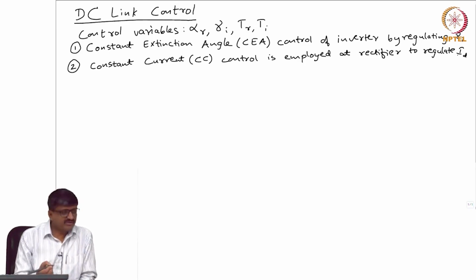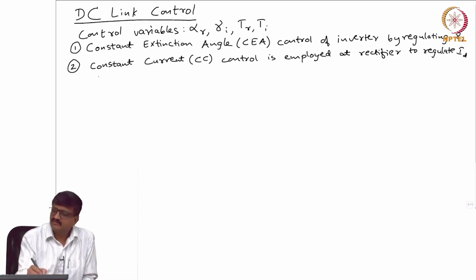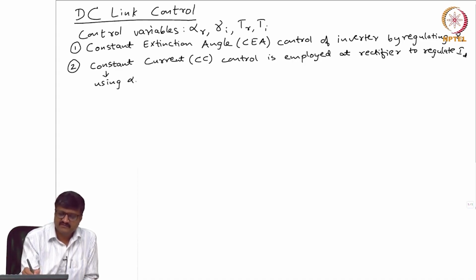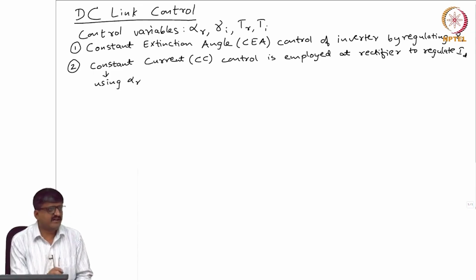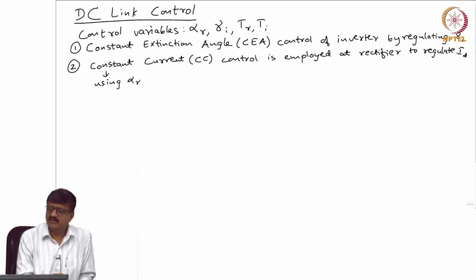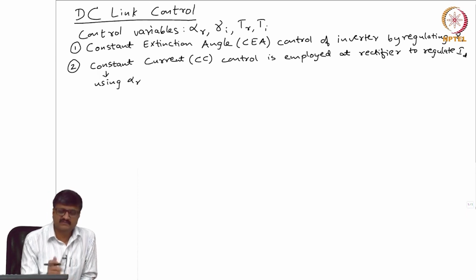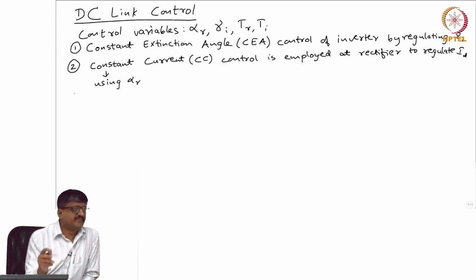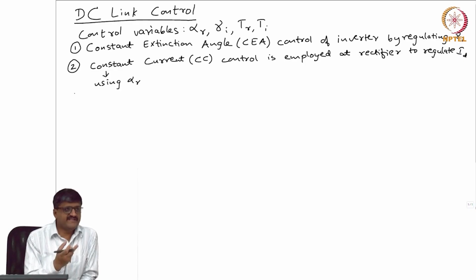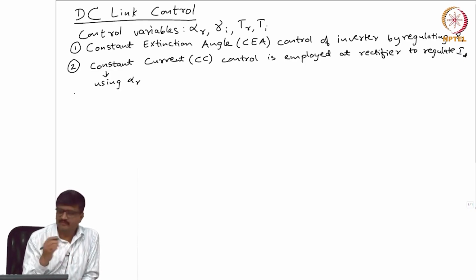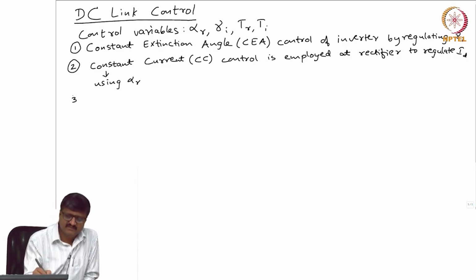So, what is used here? Alpha R. That means we change alpha R in order to control ID to the required value. If for some external disturbances ID tries to change, we change alpha R in order to bring back ID to the desired value.